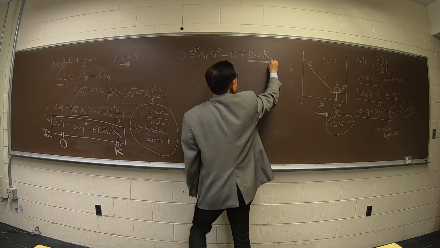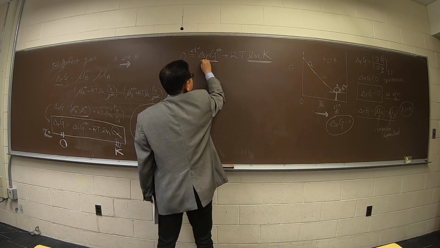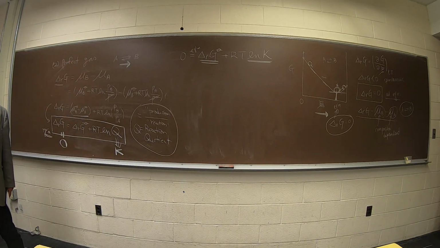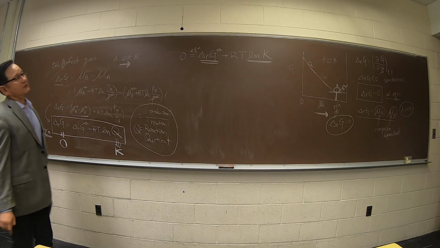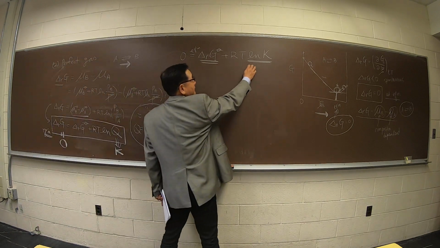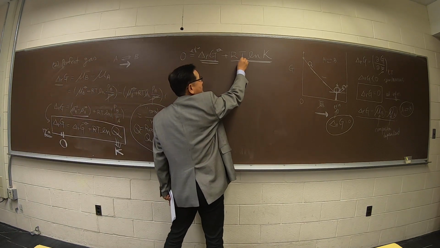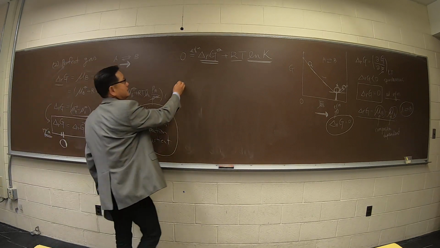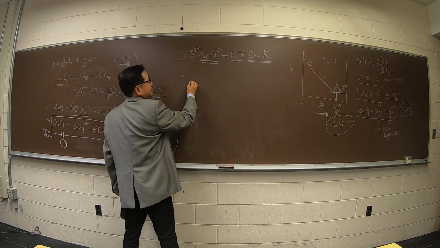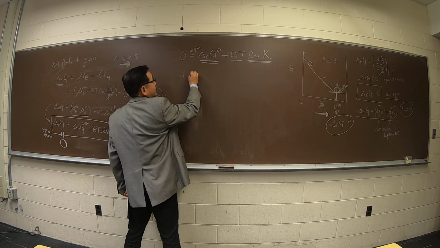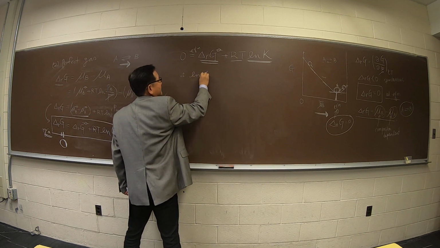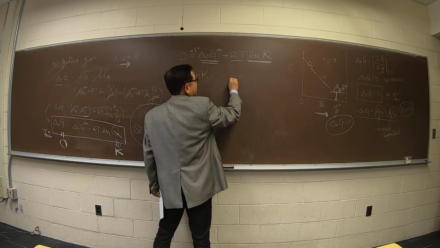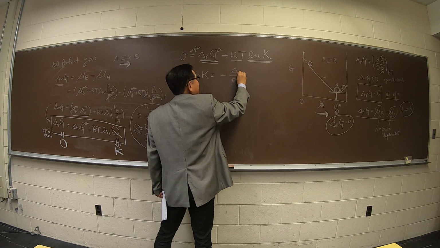So now you start to see this correlation between delta G at standard state, delta G for the reaction, and ln K. What that means is, we can think of it this way: ln K is essentially nothing but minus delta RG standard state over RT.